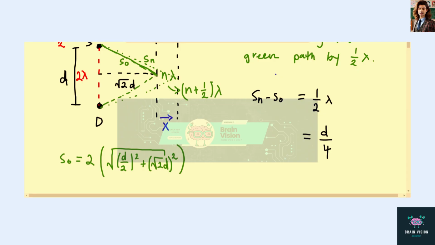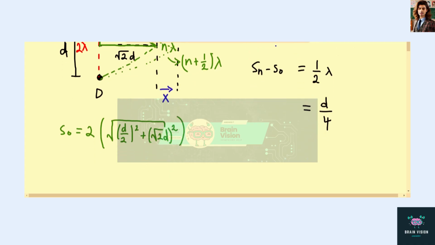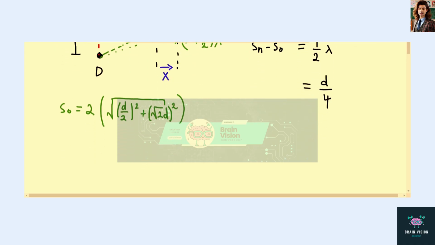Basically, what I did there is I just used the Pythagorean theorem on this triangle here. And then I'm multiplying by 2 because I have 2 hypotenuses to take into account with the full path. Okay, so if we simplify this, we're going to get the square root of d squared over 4 plus 2d squared.